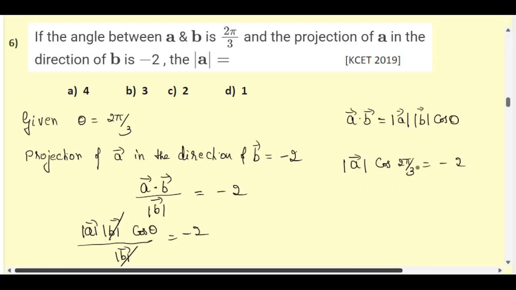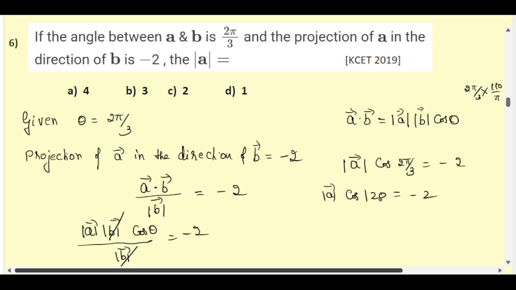Now this cos 2 pi by 3, when you convert it into degrees, it will be 2 pi by 3 into 180 by pi. So pi cancels, 3 ones are 3, 60s are 60 into 2, 120. So A vector into cos of 120 equal to -2.